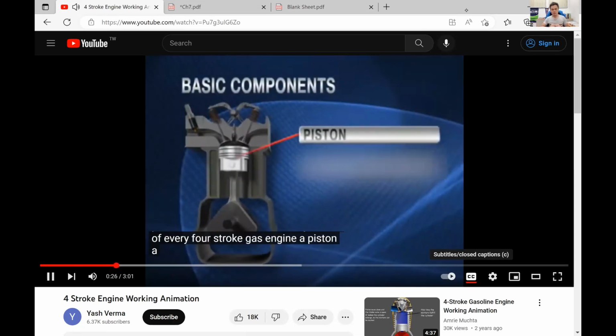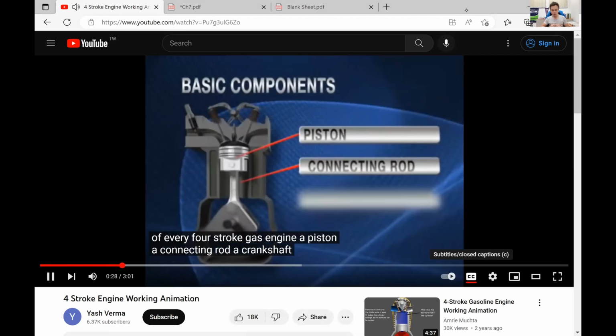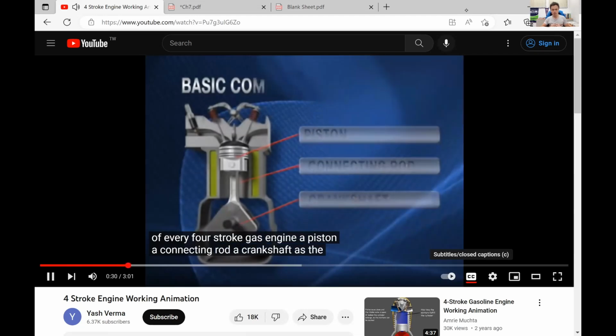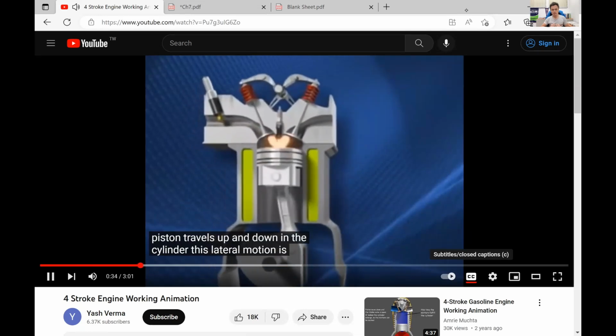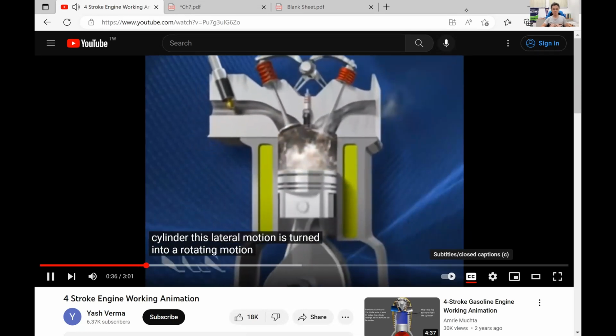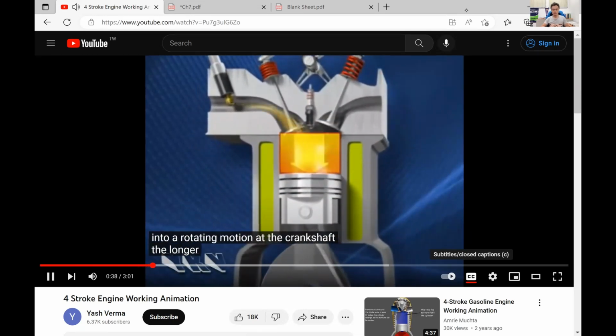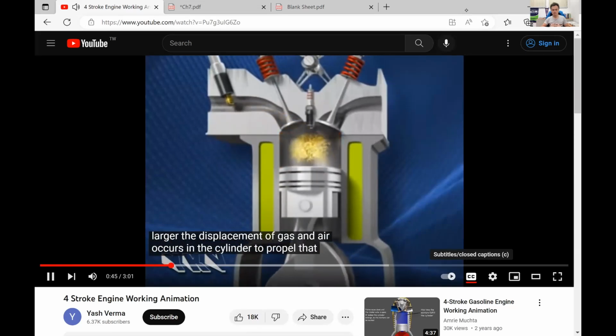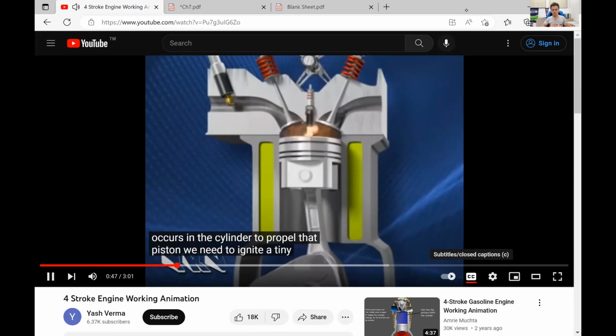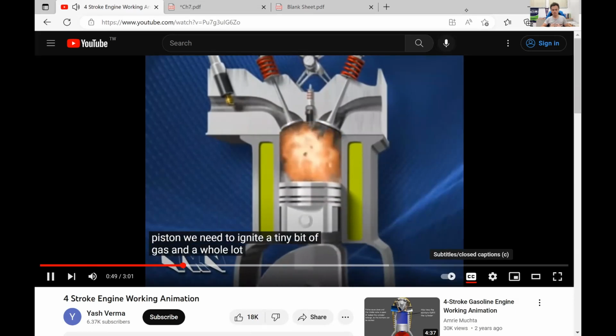A piston, a connecting rod, a crankshaft. As the piston travels up and down in the cylinder, this lateral motion is turned into a rotating motion at the crankshaft. The longer the stroke of the piston, the larger the displacement of gas and air in the cylinder. To propel that piston, we need to ignite a tiny bit of gas and a whole lot of air.